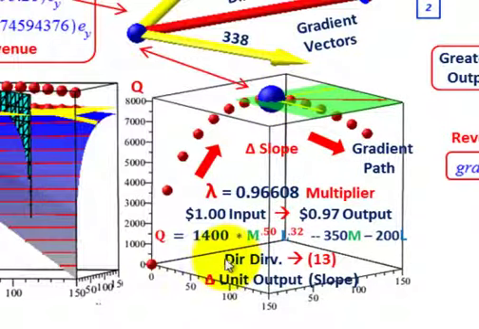The other thing we're going to find is that the directional derivative at this particular point, which is the change in unit output or the slope, is also negative. That correlates with our Lagrangian multiplier, because we're not getting as much out as we want. Okay, so visually that's what we're going to be looking at.